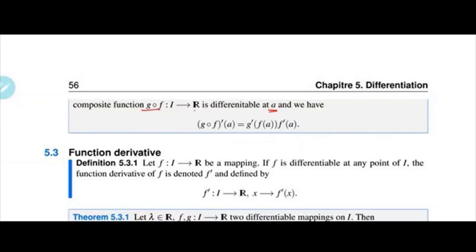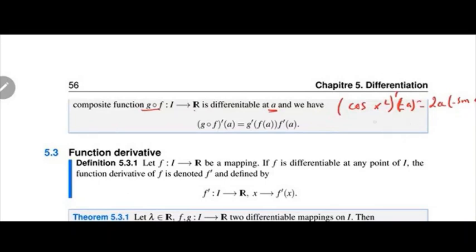Have you ever used this result anywhere? Of course, yes. If you calculate, for example, the derivative of cosine x squared at a point a, it will be equal to 2a times minus sine a squared, right?